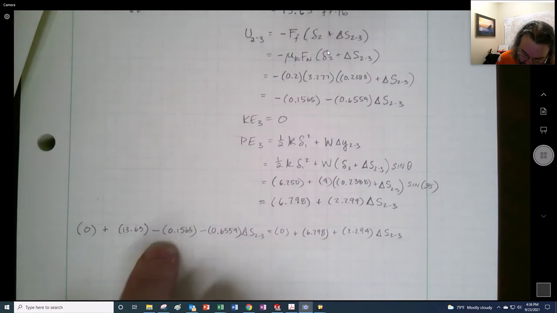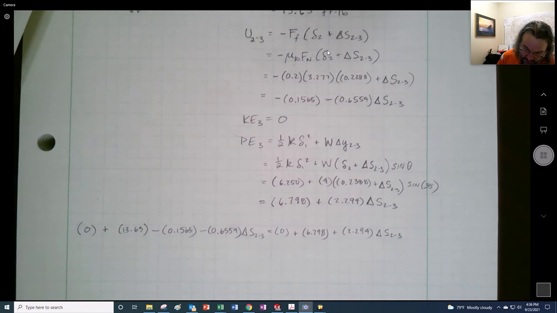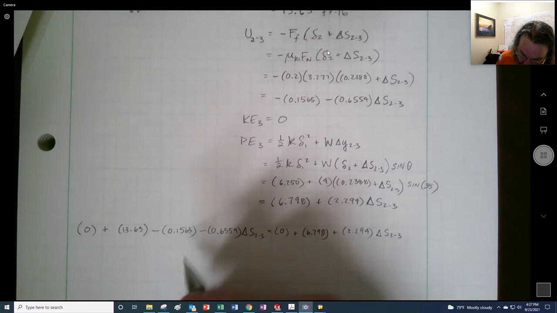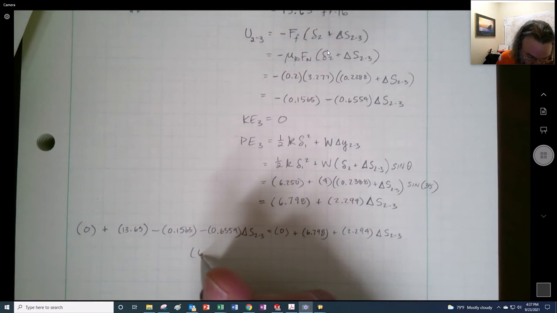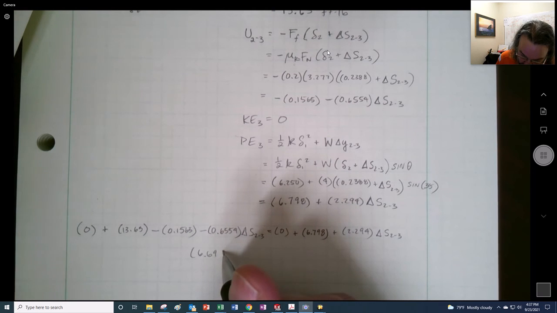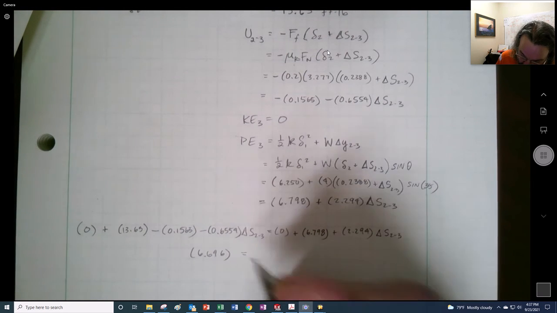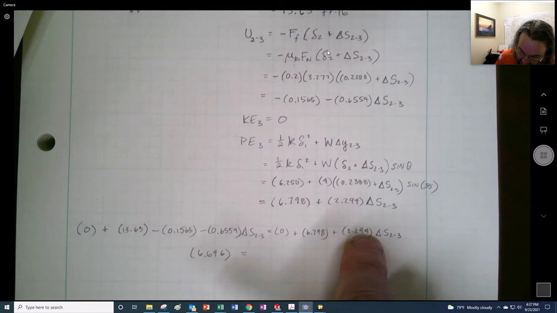And let me see here. We're going to take our 13.65 and subtract out 0.1563. Boom. We're going to subtract out 6.798. Great. Okay, so that's over on this side, and I get 6.696. It's going to be equal to, and we add that to there.